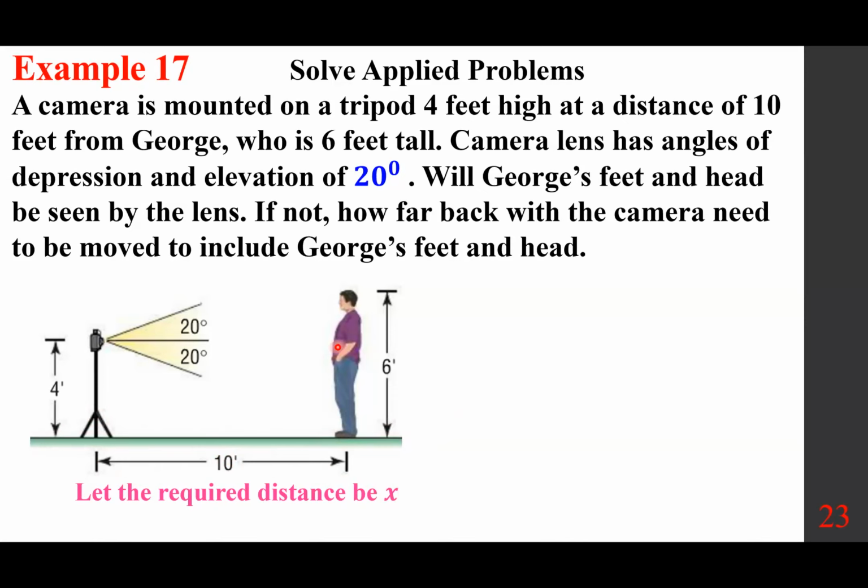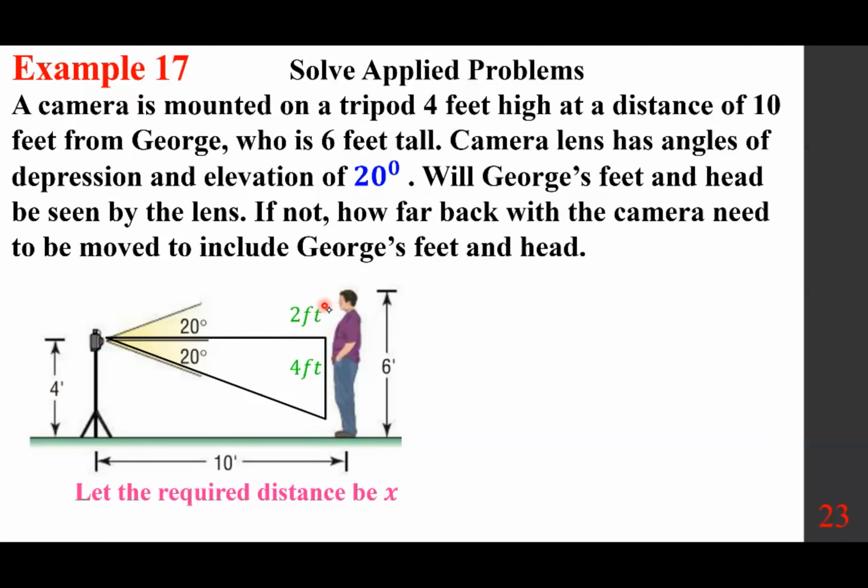So if we go down here, this is 4 feet and this is 2 feet. This distance, all the way to George's feet is 4 feet. To George's head is 6 minus 4, or 2 feet.